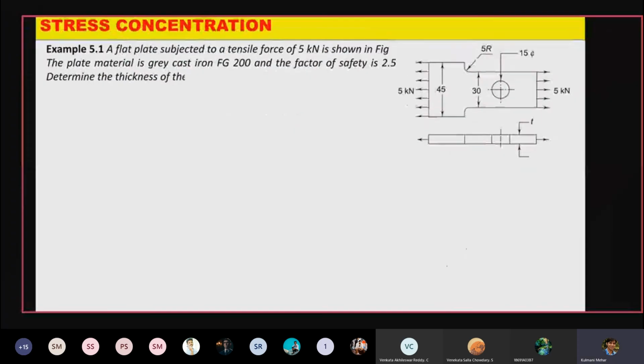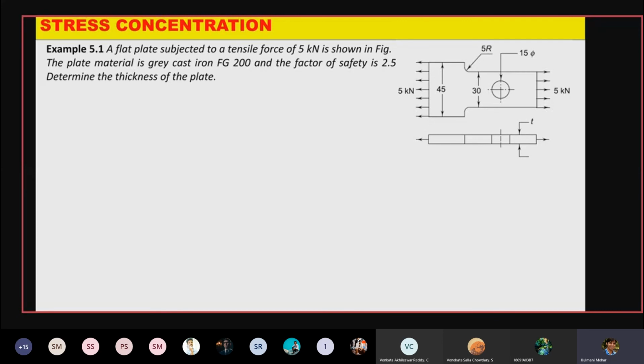This is the plate, with widths 45 and 32, and the diameter of the hole is given as 15. The radius of the fillet is given as 5. We need to find the thickness in this question. The plate is grey cast iron.